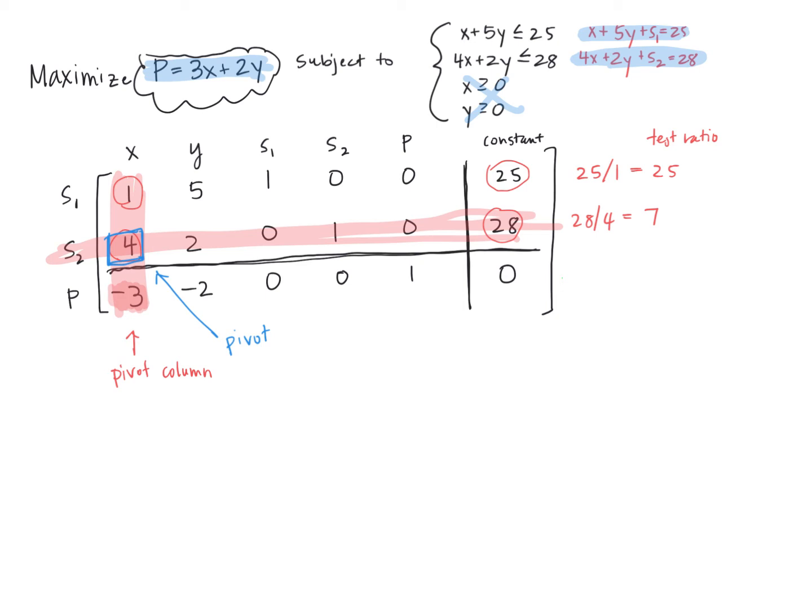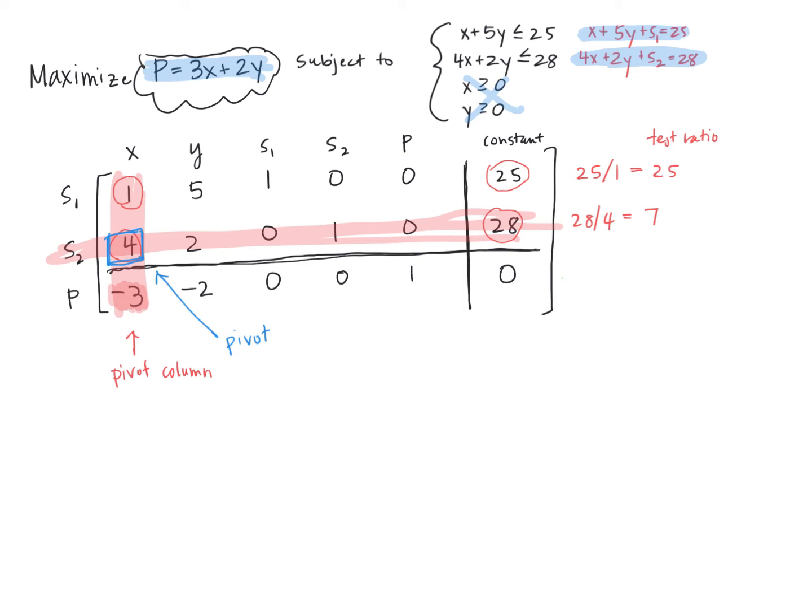You keep the pivot the same, and you zero out what's above and below the pivot. I want the 1 above that 4 to be a 0, and I want the negative 3 below that 4 to be a 0. This is similar to when we found the reduced row echelon form, but instead of having a 1 in our pivot position, we have whatever number we get.